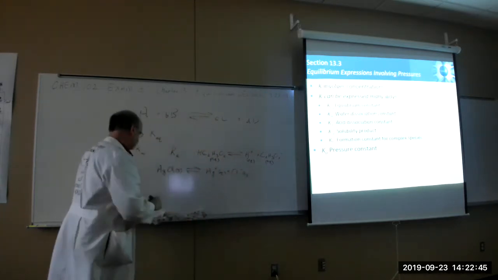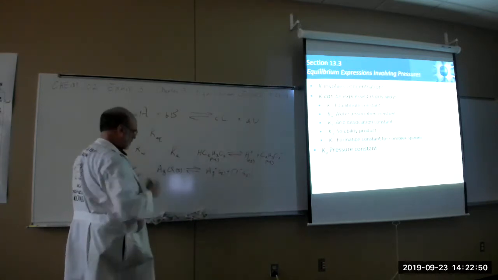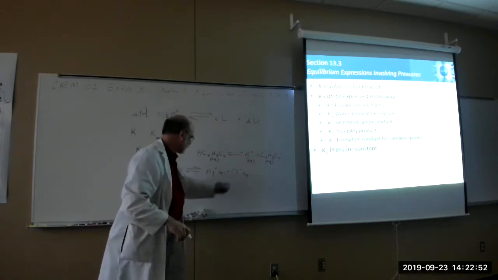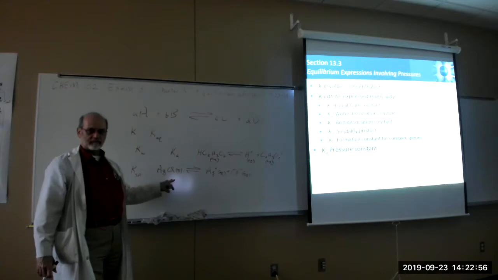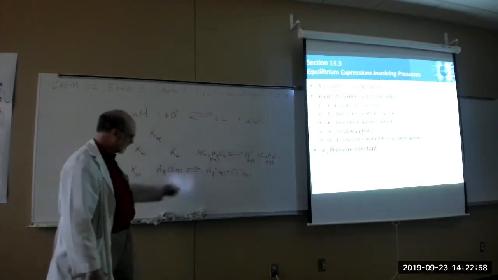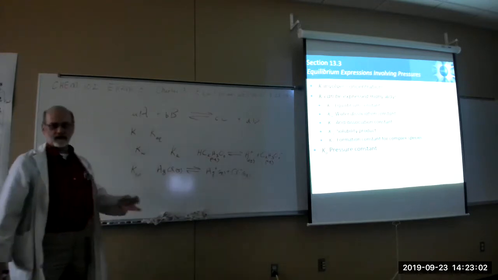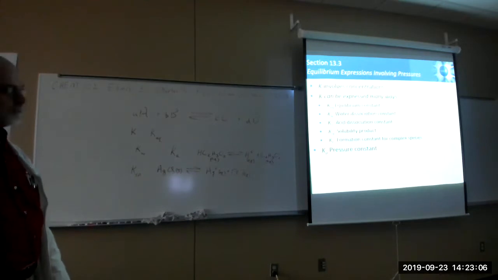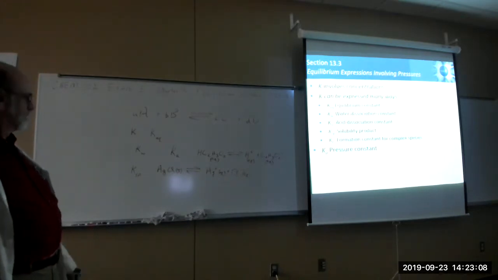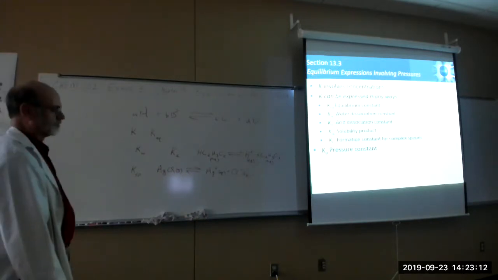For this one, the solubility product would be just this one times that one. There's a solid, pure substance, we don't include it. So it'd be just this concentration times that concentration is equal to the solubility product, which is an equilibrium constant. And that one's like the water dissociation. Okay. Use a similar rule.